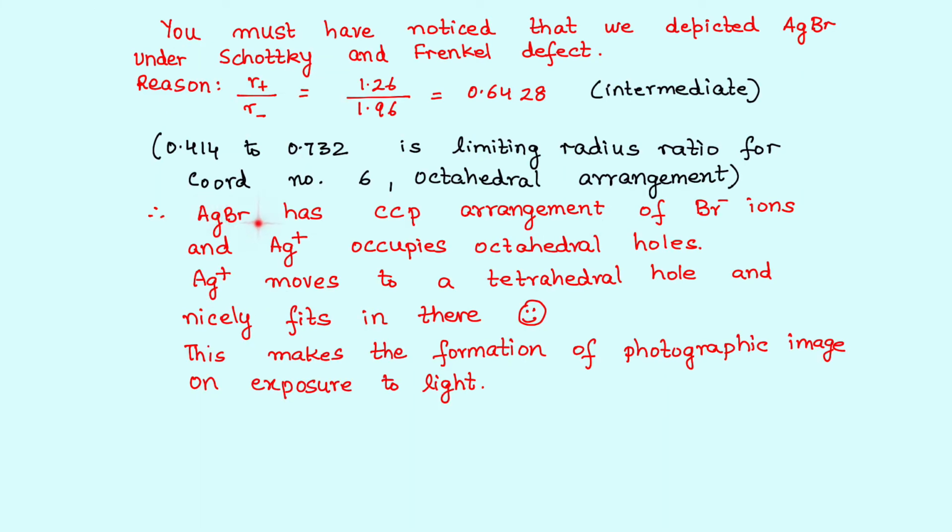That is why silver bromide is able to show both Schottky and Frenkel defect, because it's got a cubic close packing arrangement of bromide ions, whereas silver is occupying the octahedral holes. Now when it is occupying the octahedral holes, it can always take that opportunity to jump into a tetrahedral hole to fit itself there.